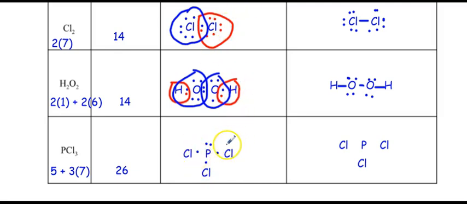All right, and then chlorine has 7. 1, 2, 3, 4, 5, 6, 7. Well, guess what? Each chlorine has 8 electrons around it now, doesn't it? Yay, filled octet.